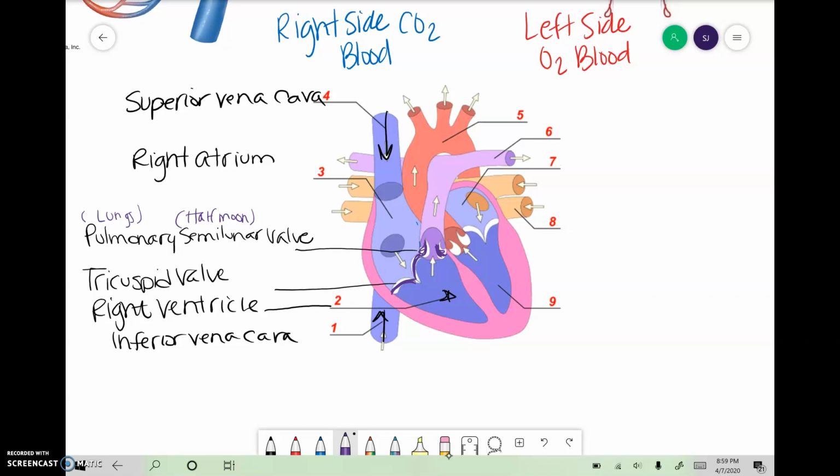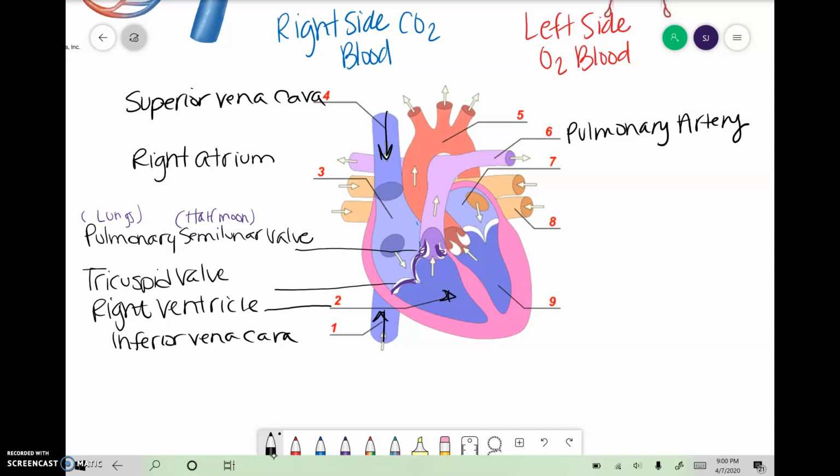This valve is protecting blood from pooling into the pulmonary arteries. Okay, and this is the only artery that will contain carbon dioxide blood. Okay, so all arteries carry blood away.